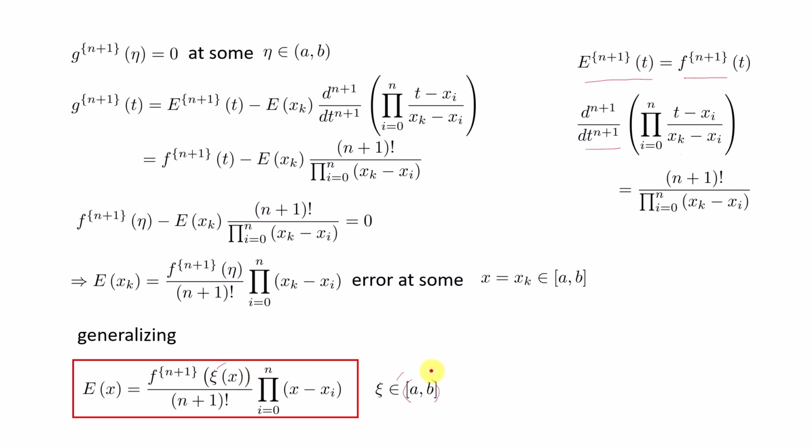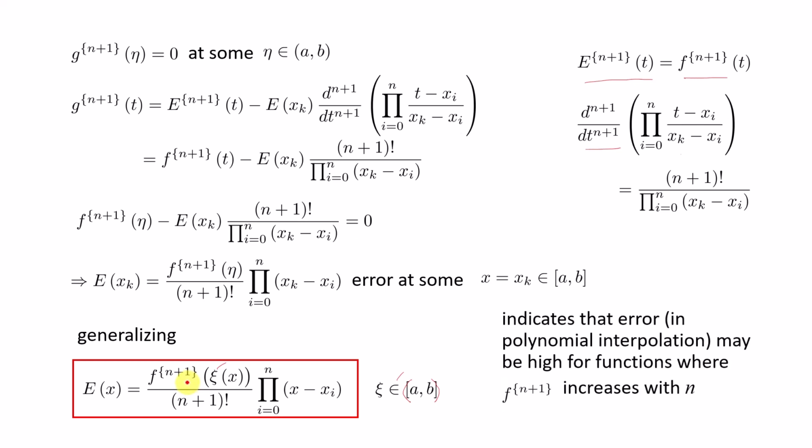All right, then we cannot say anything very clearly about what the error is, but we are very sure that if my function f^(n+1) has a tendency of growing with n, then we are likely to have a high error. We cannot say exactly because we don't know what this xi is.